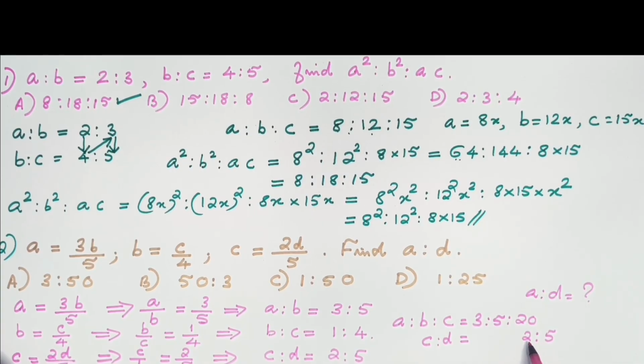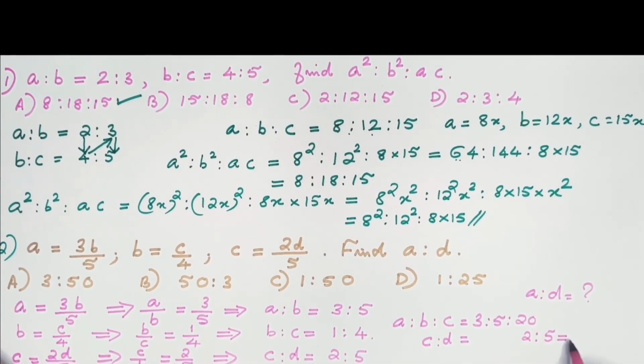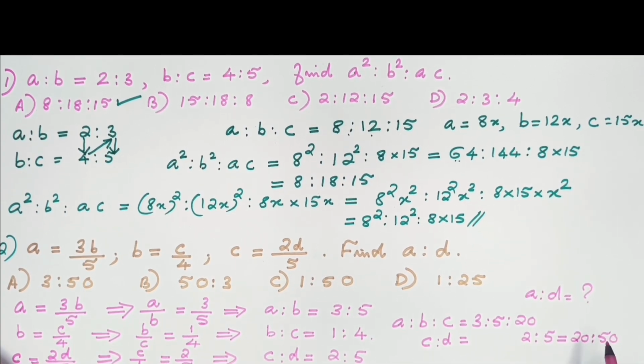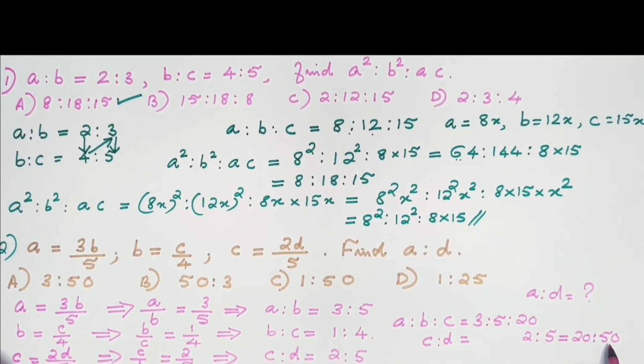Generally, we will equalize to their LCM. For these two numbers, 20 and 2, LCM is 20. So you bring 20 in the second ratio without changing its value. You multiply this ratio by 10, both the terms. So you get 20 is to 50. Now C is to D equal to 20 is to 50.